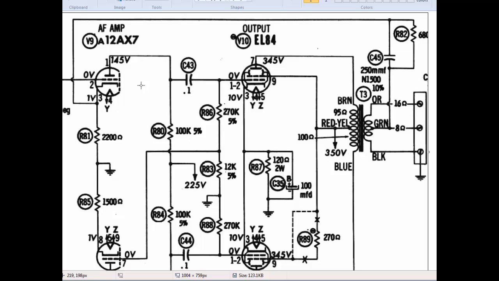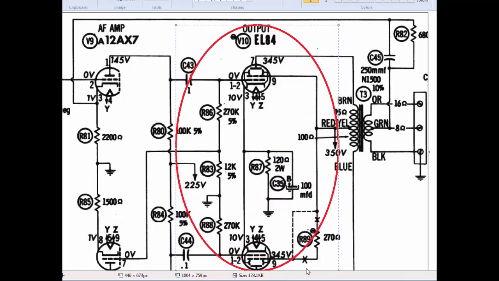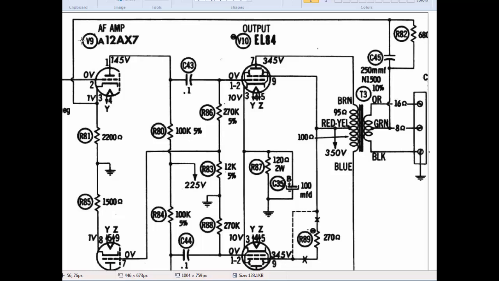Okay, we've now moved to another part of the schematic, and these are the output tubes right here. We've shown you that before, EL84 output tubes. This right here is the audio frequency amplifier, the 12AX7. And if you remember, we had all those source voltages being fed by the power supply earlier.